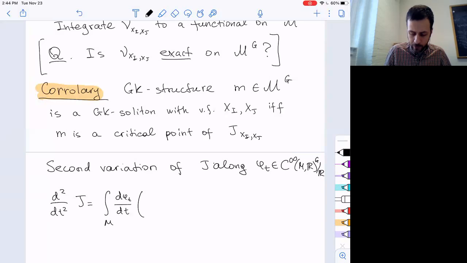Some part of it will be important. So there will be three terms.